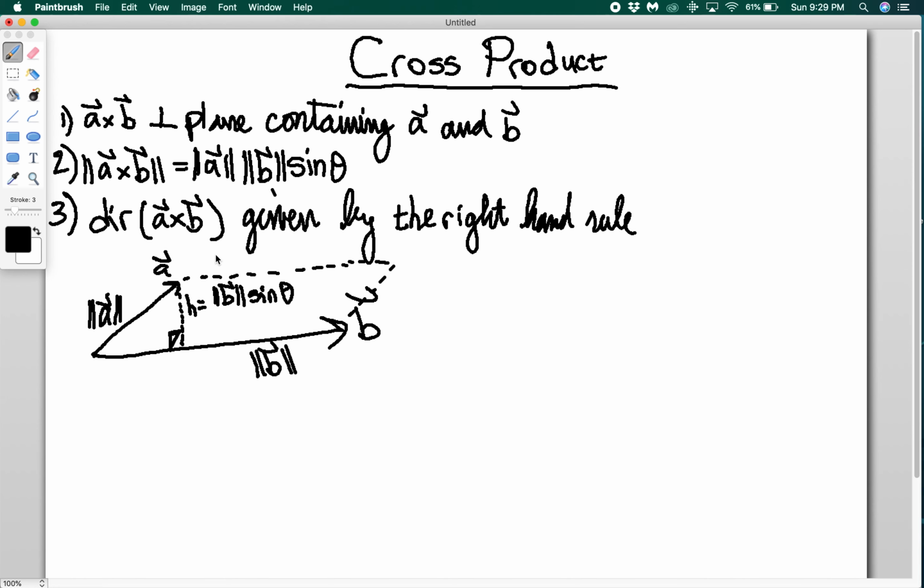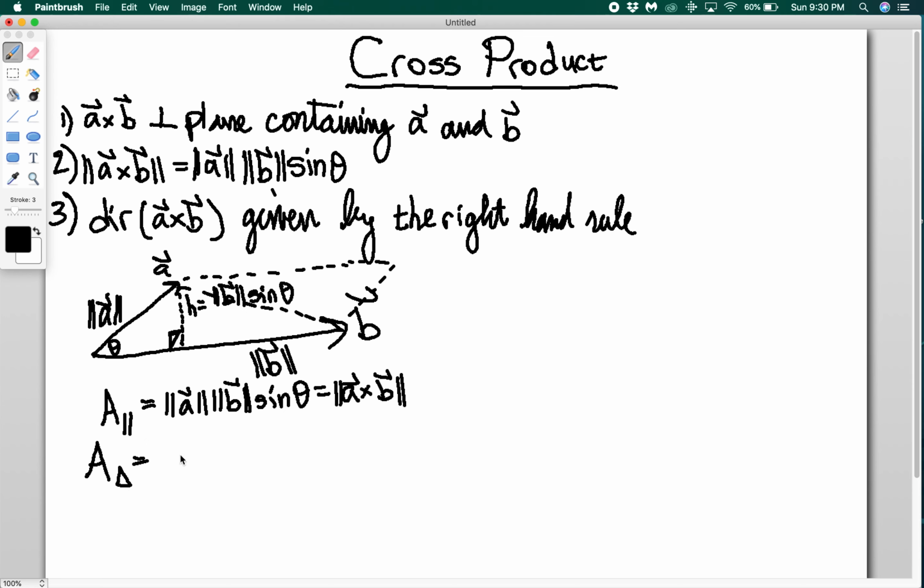The base in this case would be magnitude A, so the area of the parallelogram is going to be equal to the magnitude of A times the magnitude of B times the sine of the angle between them, theta. I forgot to label that, but this is theta. Which means that the area of the parallelogram is just equal to the magnitude of A cross B. We can also get the area of the triangle, which is half of the parallelogram, by simply doing half of this, so it's equal to 1/2 the area of the parallelogram.